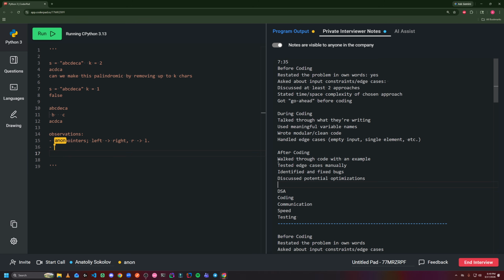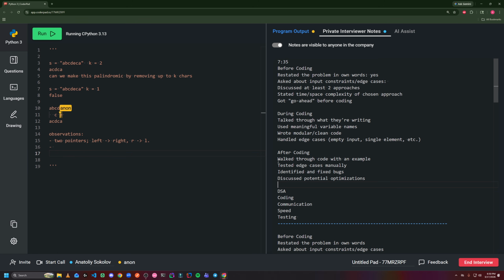So another idea is to start from the middle and do two pointers from the center outwards. In this case, D is in the middle, and we would look at C and E, and we have the same problem: do we remove these or do we keep them?